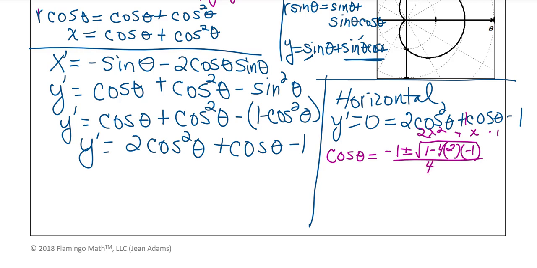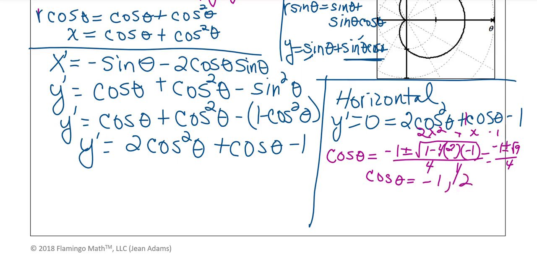Okay, when I simplify this, I am going to get negative 1 plus or minus the square root of 9 over 4. So cosine of theta is going to be either -1 or +1/2. So what angles have those trig values?